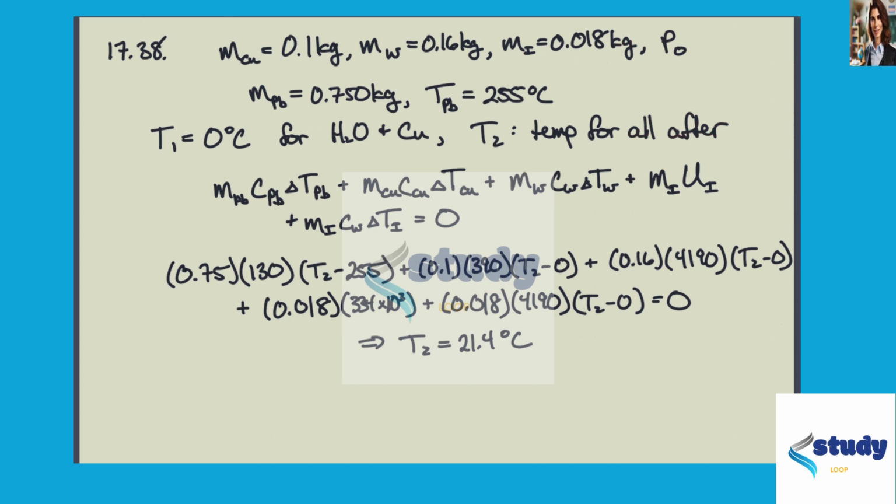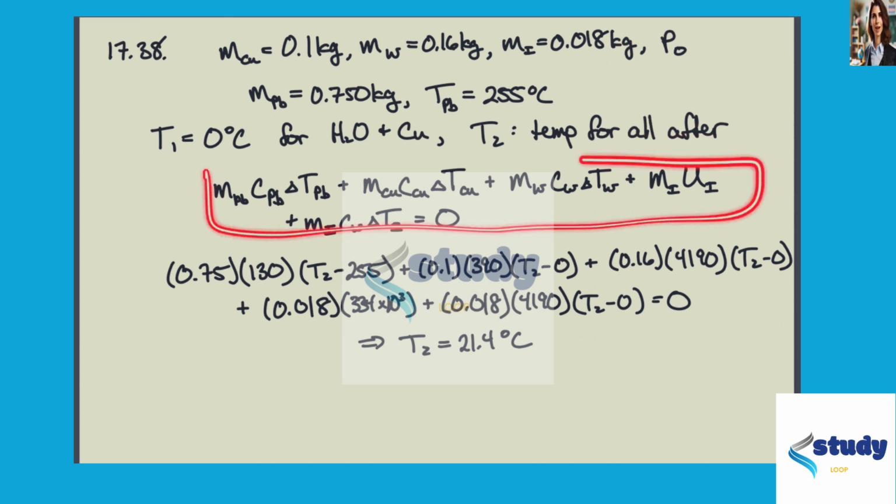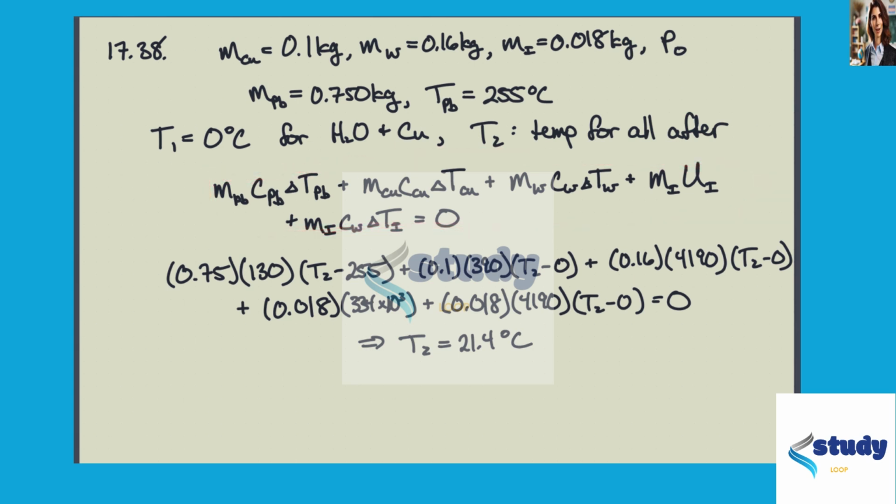So basically, this energy balance says that the internal energy before we drop the lead in has to be the internal energy afterwards. And all these internal energies, because we have solids and liquids, we're just going to say that we have a constant heat capacity. So there's just a constant heat capacity times the mass times the temperature.